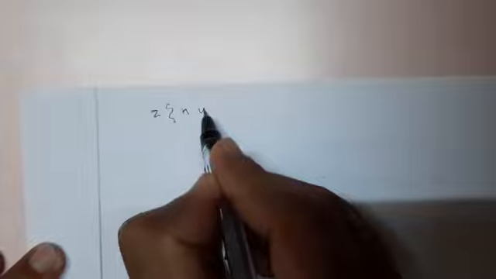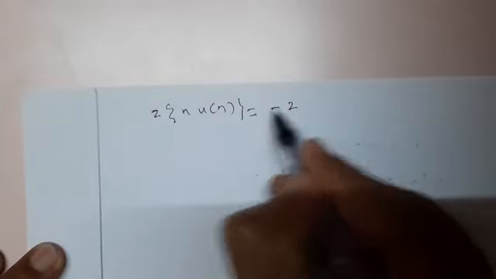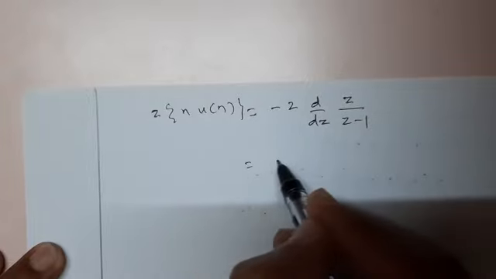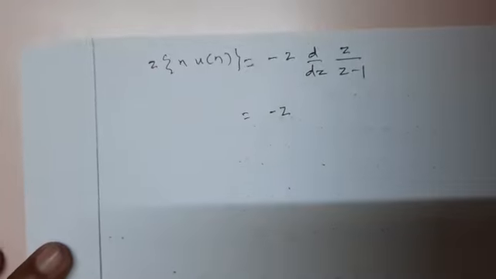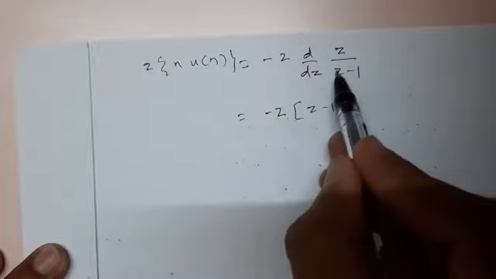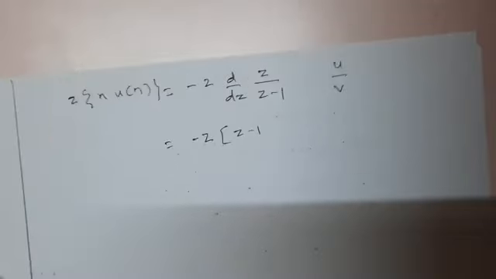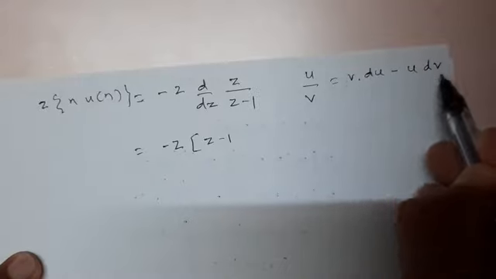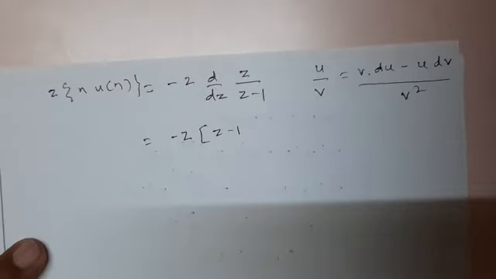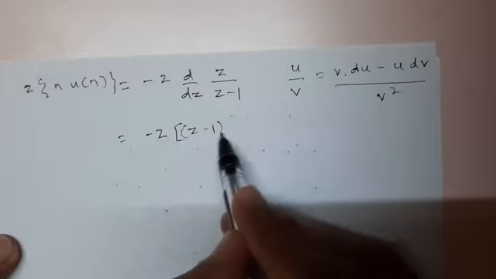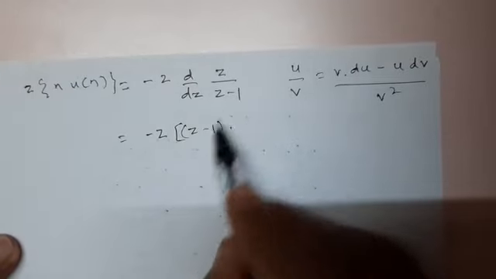So I will try to write once again. Z transform of n into u of n is minus z d by dz of z divided by z minus 1. So minus z, this is u by v, differentiation by u by v method. u by v tells that v into du minus u into dv divided by v square. Z minus 1, this is my v, so keep it as it is.